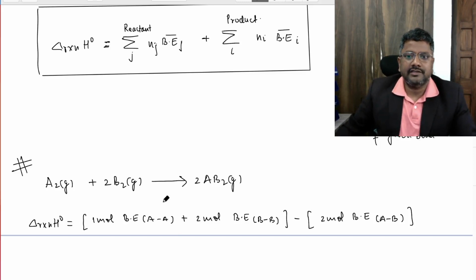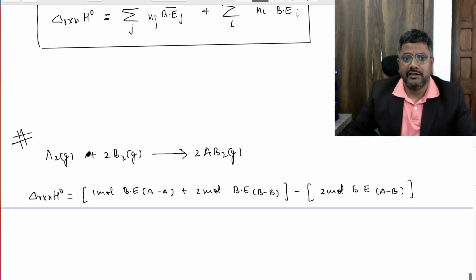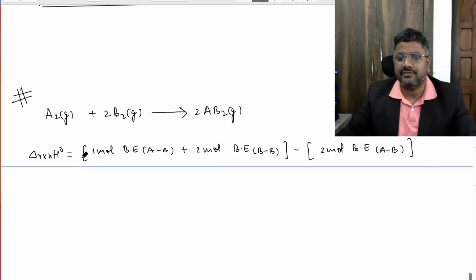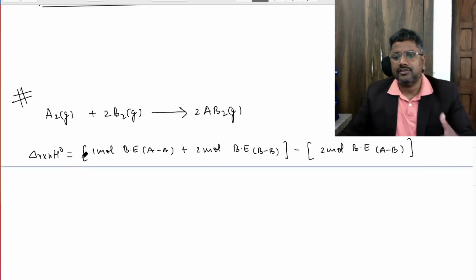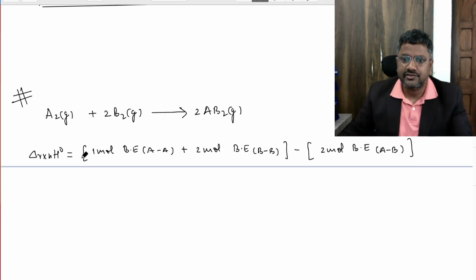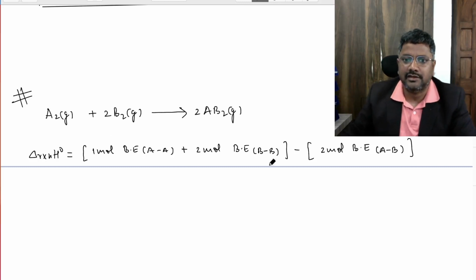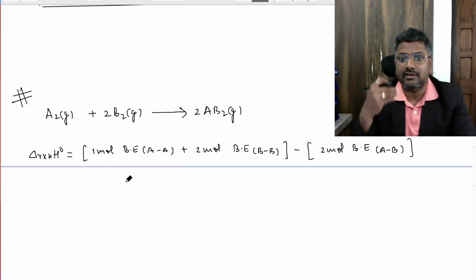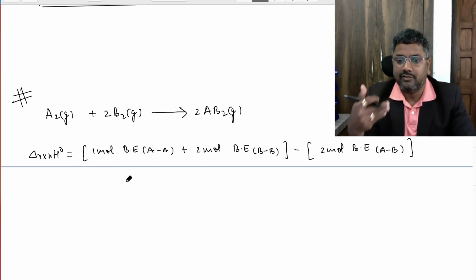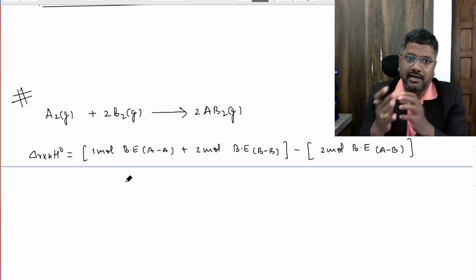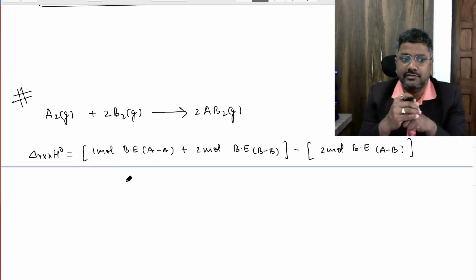See, suppose in this reaction some component is not given in the gaseous phase, then first you have to convert that into the gaseous phase, and then you can calculate in terms of bond energy. So some additional data is required to calculate delta H of that reaction, because whenever you are using bond energy data, you have to consider all the reactants and products in the gaseous phase, right?